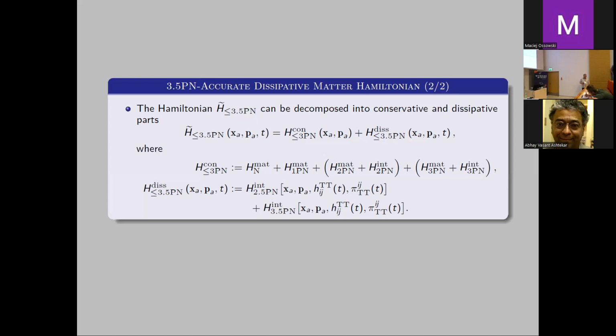Right, but in my view, it is really coming because of the way that the regulator is treated. Why should there be an ambiguity? It is because one had introduced a regulator. If in fact everything was finite, there would be no ambiguity. So to me, at least, the origin of the ambiguity is always in the choice of regulator. But if you think that's not the case, then we should discuss privately.